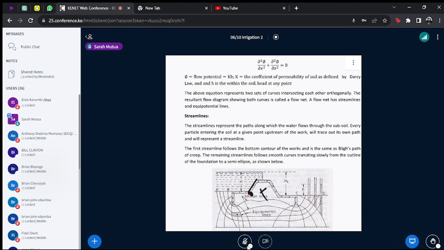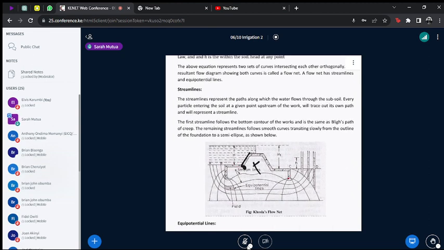And so when you solve those two equations, you get a network of streamlines and equipotential lines. What are streamlines? The path of flow. What are equipotential lines? Equipotential lines are lines with equal energy potential, so that along each equipotential line, the hydraulic head is the same. If you were to install piezometers, you get the same kind of pressure in those lines.